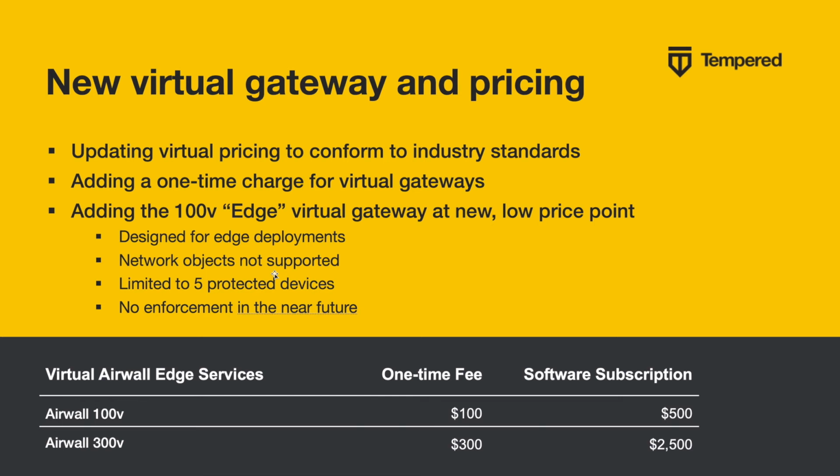Since there are only 5 agents, you don't need to summarize networks. In the future, you should expect also that we'll be investing in the two platforms differently, with features related to scale and things like that going in the 300V for the core and large uses, and edge type of technology being put into the 100V.